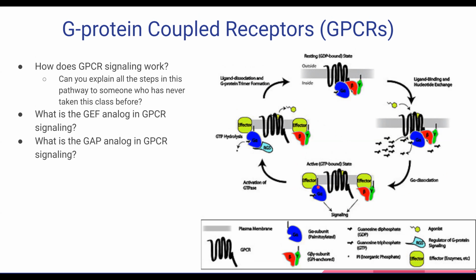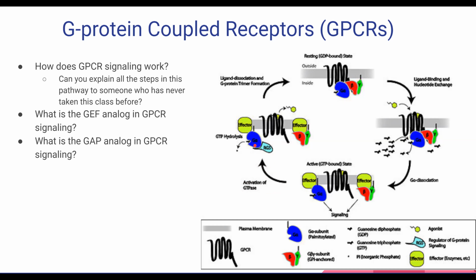So this will basically cause the activation of the GTPase activity. And I think this is considered a negative feedback loop. So for the downstream effects, it's going to cause RGS to come in. When that comes in, it's going to bind to the G alpha.